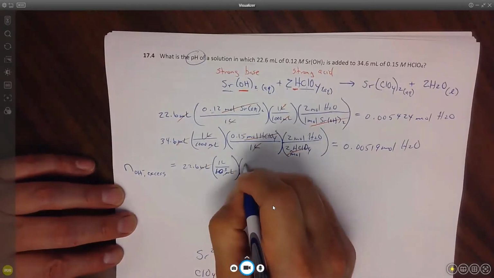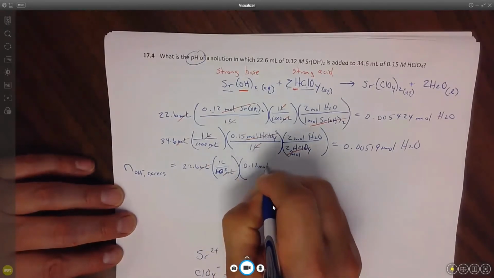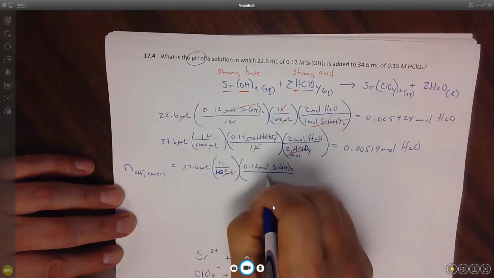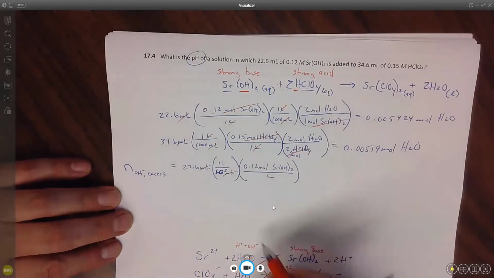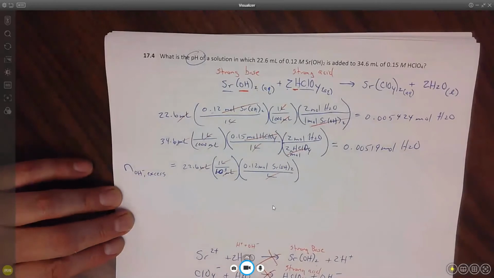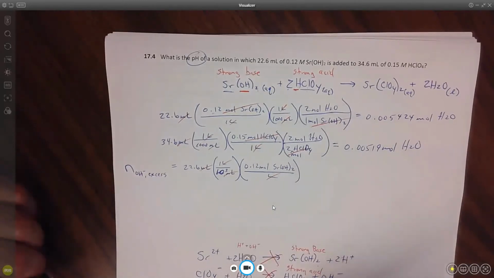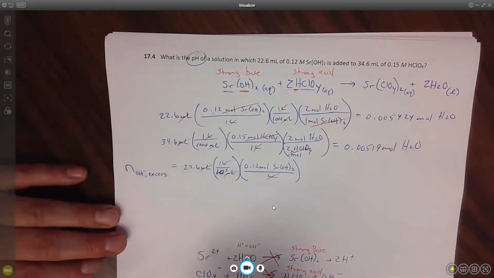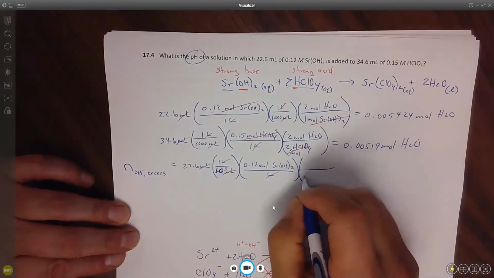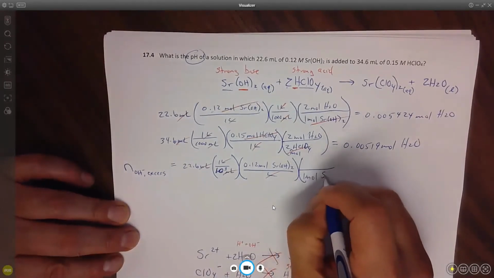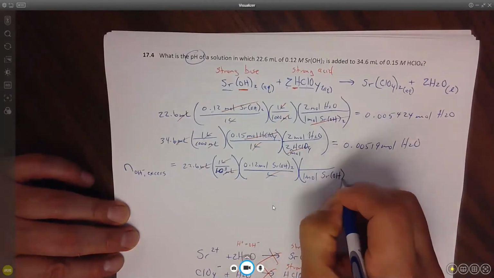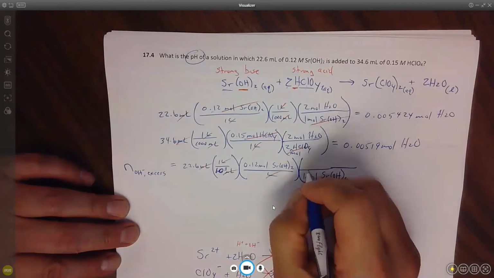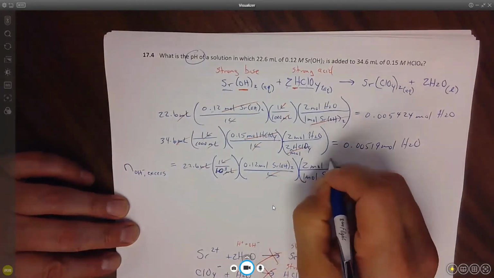Then I have the 0.12 moles of strontium hydroxide per liter of solution. Again, liters cancel. That leaves me with the moles of strontium hydroxide. But again, I'm looking for the moles of hydroxide. So I can see for every 1 mole of strontium hydroxide, there are 2 hydroxides. So there's 2 moles of the hydroxide.